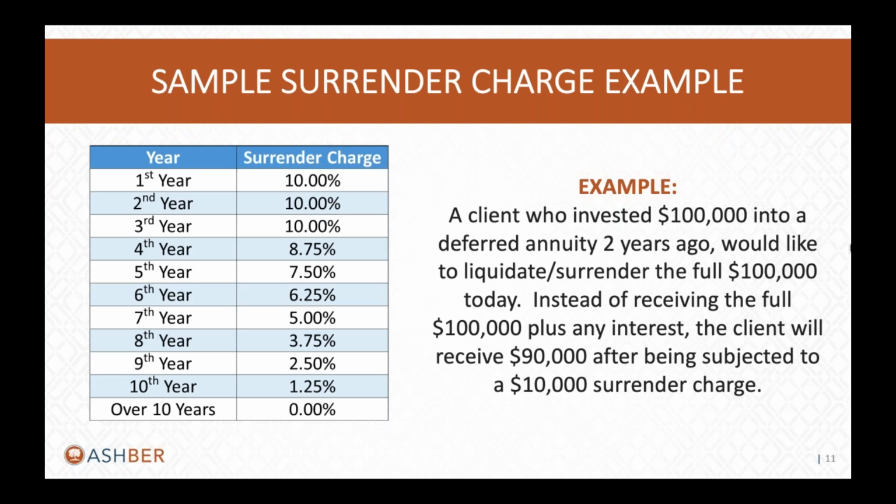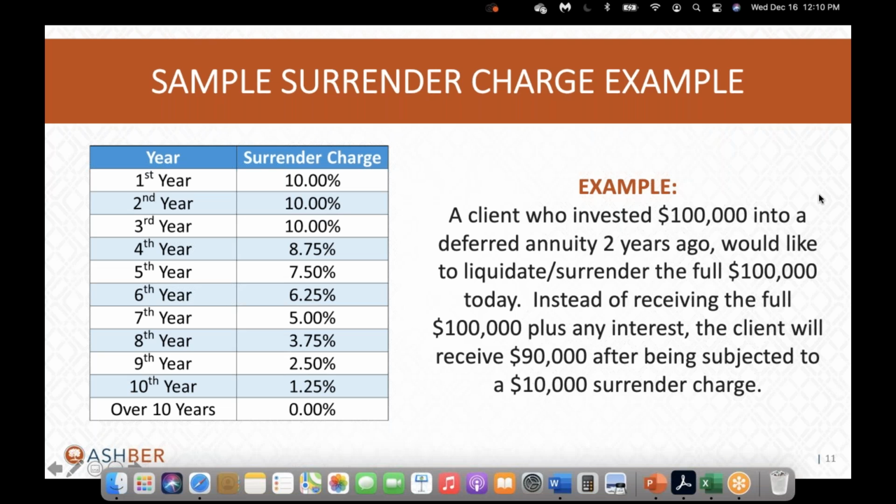I will also add that it's important to review existing deferred annuity contracts for clients, because sometimes the policies will have a waiver of surrender charges if the client is considered to be terminally ill, or if they are confined to a facility or need assistance with activities of daily living.